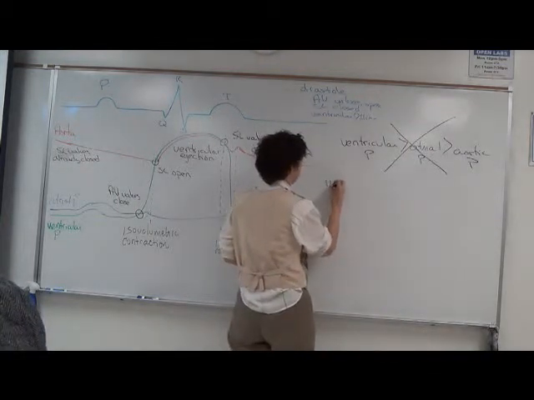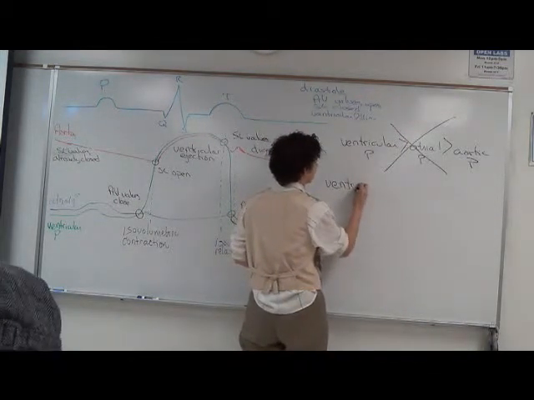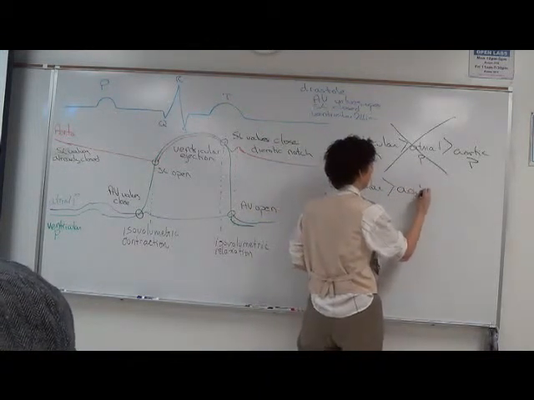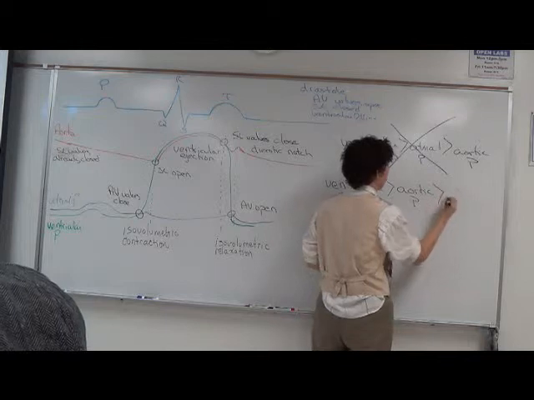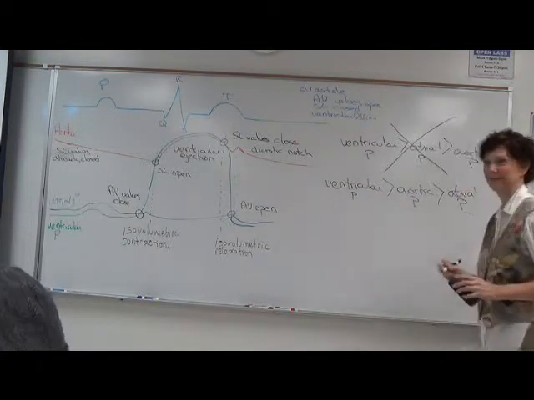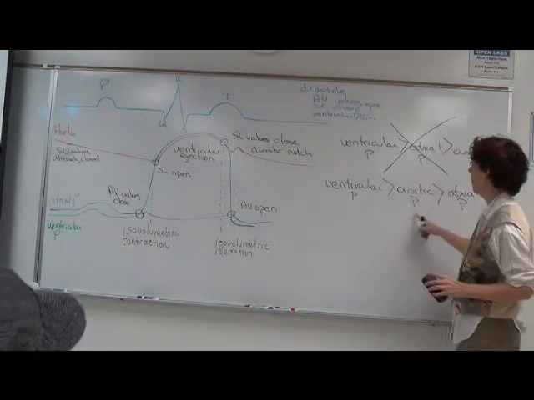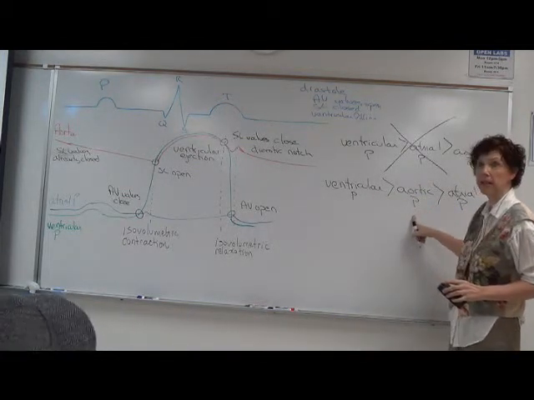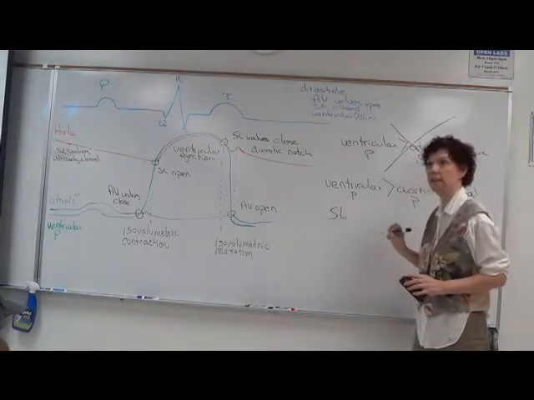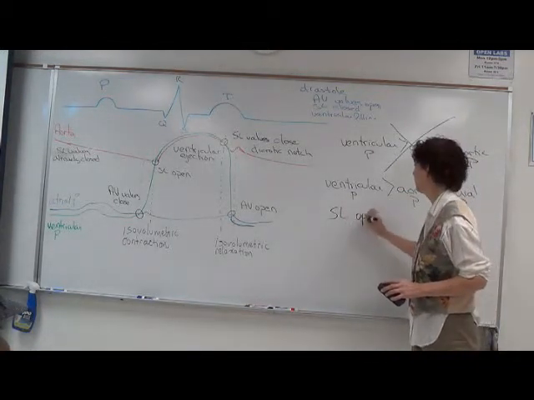So let's put it in this direction then. Ventricular pressure is greater than aortic pressure, which is greater than atrial. That works. So ventricular pressure is greater than aortic. We're talking about which valve set? Semilunars. Semilunar valves would be open.